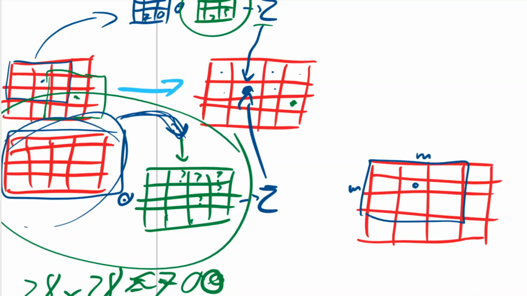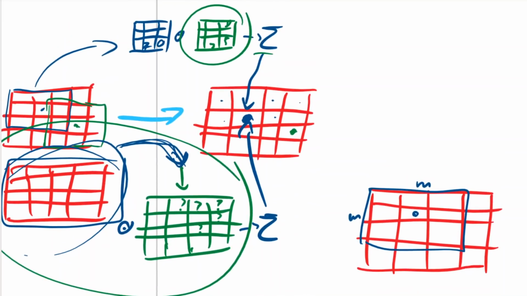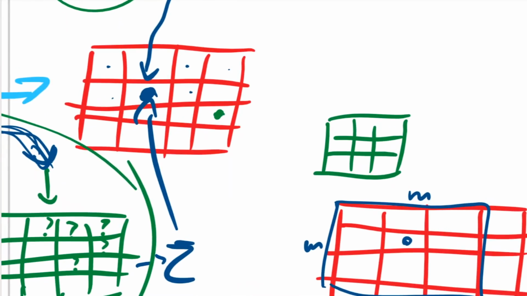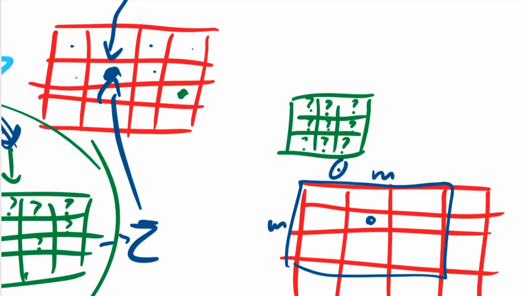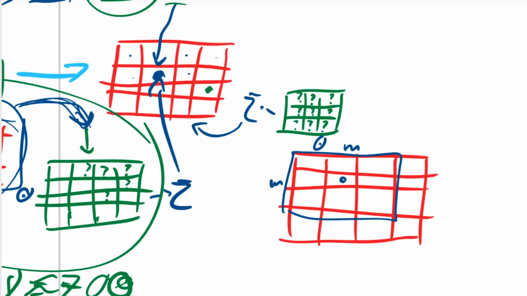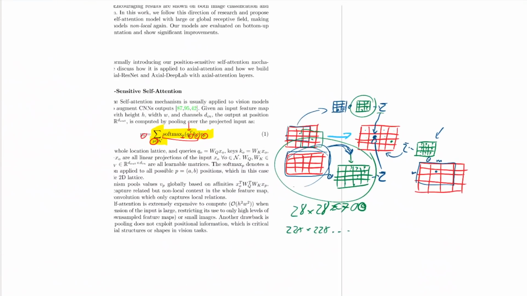So a pixel can only aggregate information from its neighbors, but contrary to a convolution, how it aggregates the information, what in convolution would be a kernel, the kernel is made dynamically by the attention module. And it's made dynamically on a case-by-case basis. Okay, so we restrict it to a neighborhood, multiply, sum it up, and then put it into the output. And we do that for every pixel. Now it resembles much more a convolution. It's simply a convolution with this dynamic matrix right here. And that's the starting point for this paper.